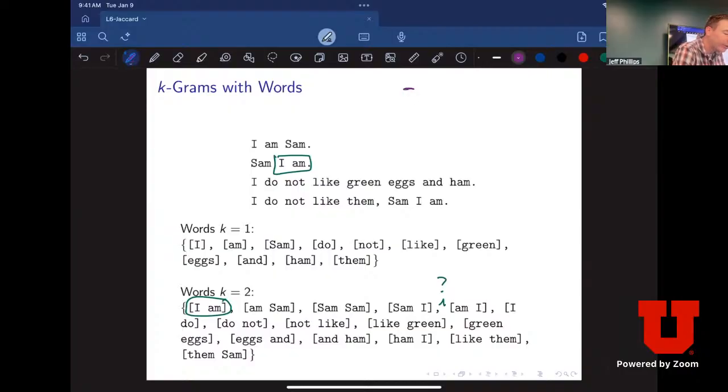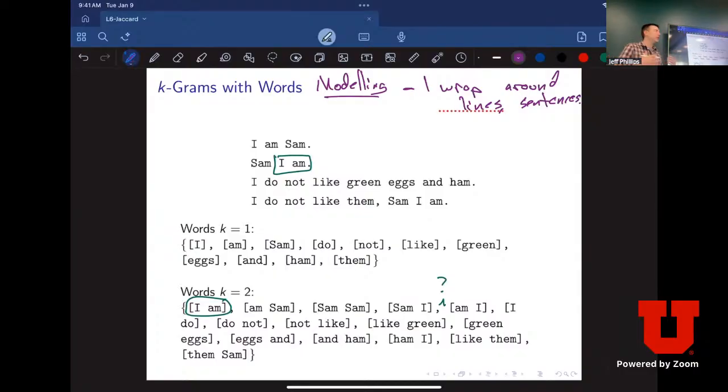One is I wrap around lines and the sentences.